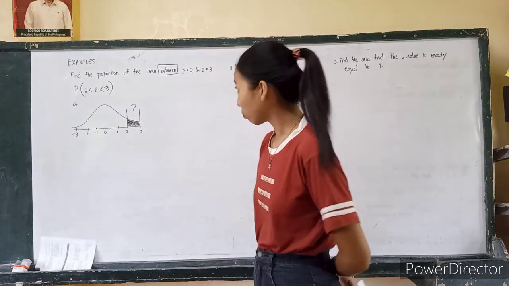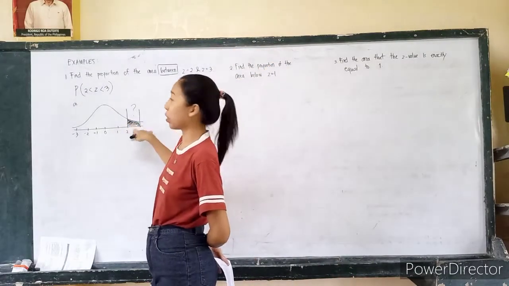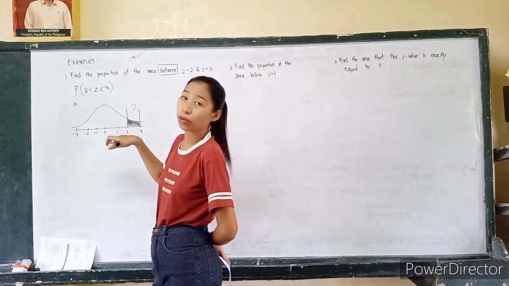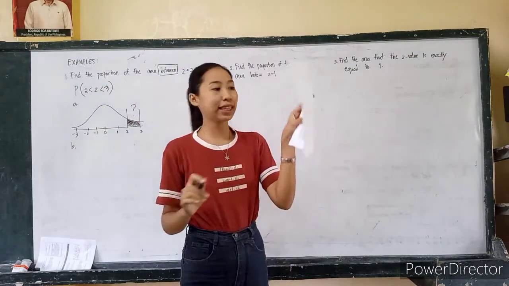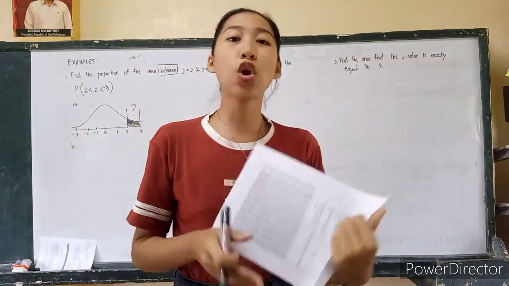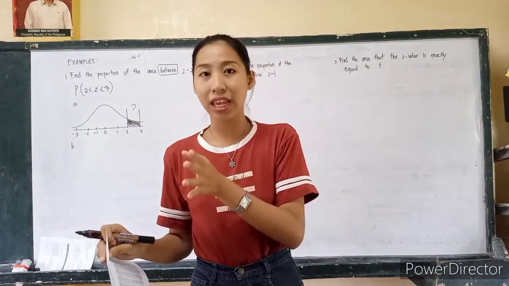Okay? Now, after the first step, after we draw the normal curve and we determine which part of your curve are we looking for, we are going to use our Z tables, kani siya sa inyong module, no? And we are going to find the value of 2 and 3. No?